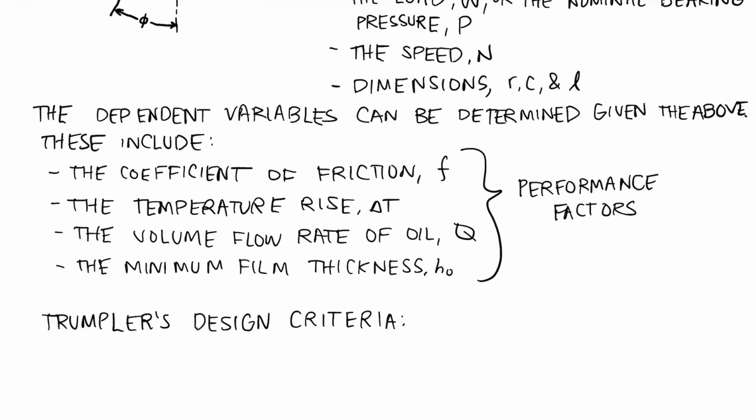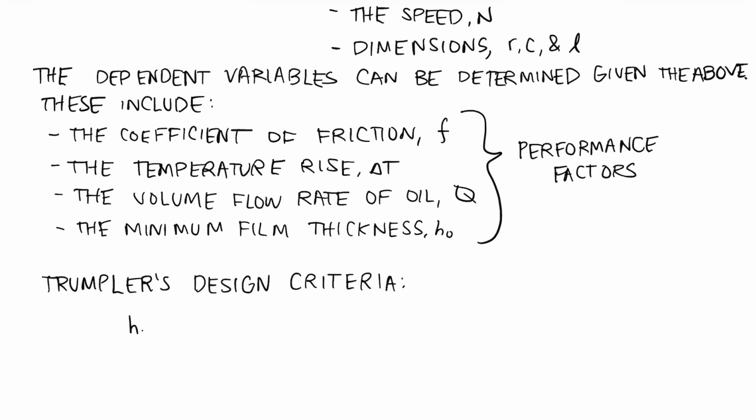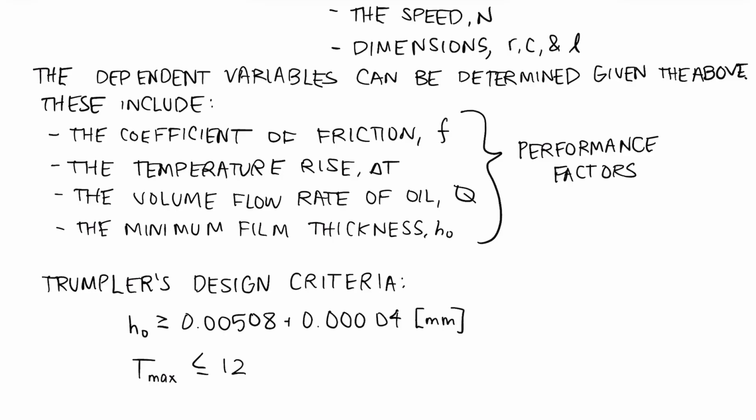So, Trumpler's design criteria state that we want our minimum film thickness to be greater than 0.00508 plus 0.00004 millimeters. We want our maximum temperature to be less than 121 degrees Celsius.